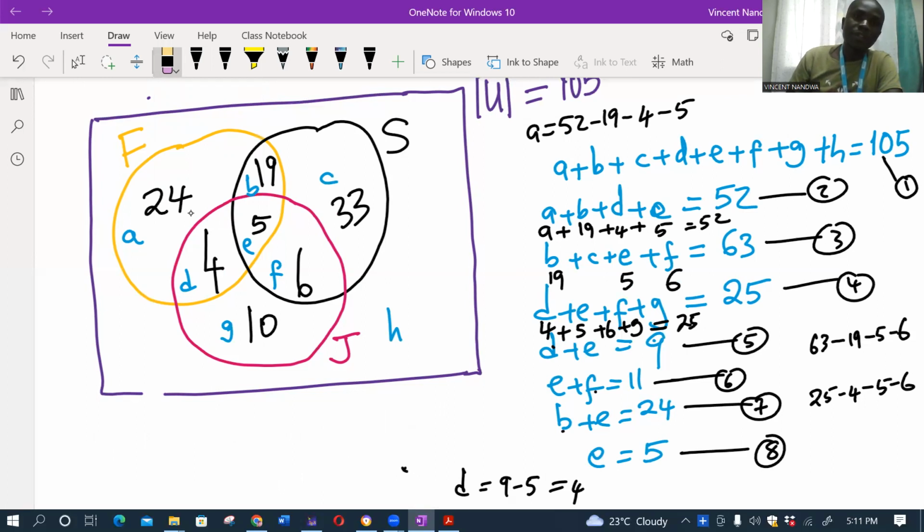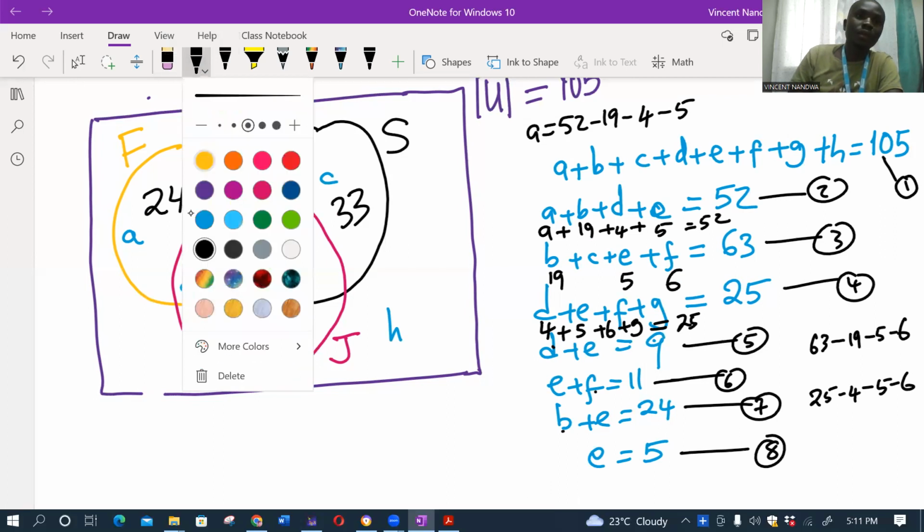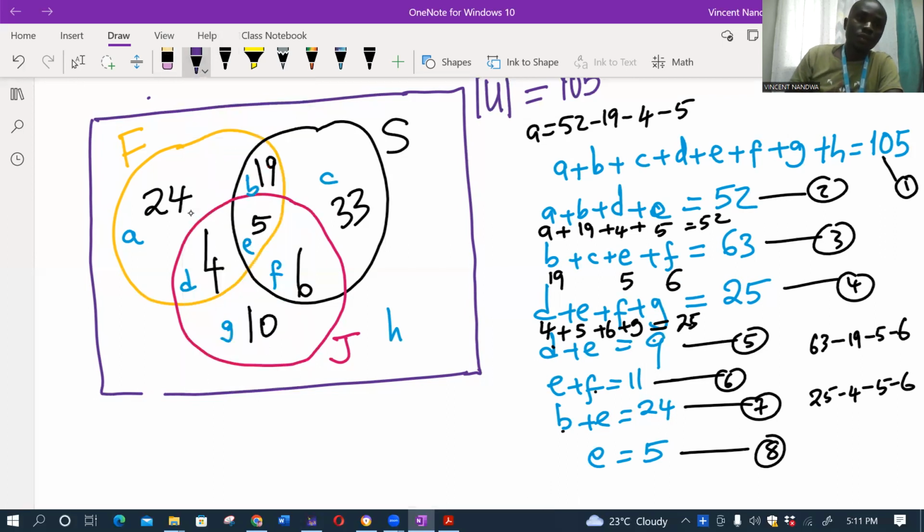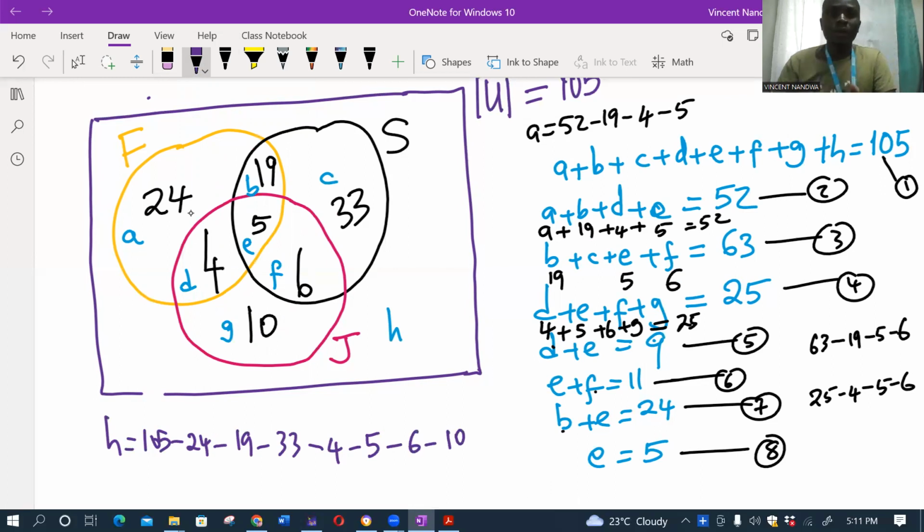So I'll say H equals 105 minus the values of A, B, C, D up to G. So H equals 105 minus A, which is 24, minus B, which is 19, minus C, which is 33, minus D, which is 4, minus E, which is 5, minus F, which is 6, minus G, which is 10.